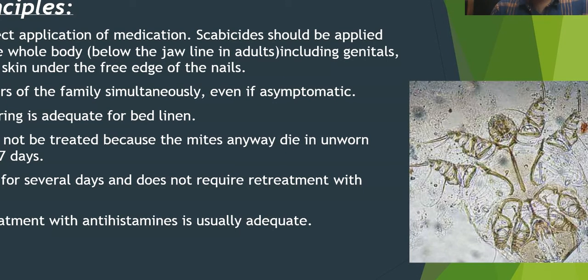And the main important thing is that we have to treat all the family members simultaneously, even if they are asymptomatic. So this is a key point to remember, that all the members of the family have to be treated even if they are asymptomatic.